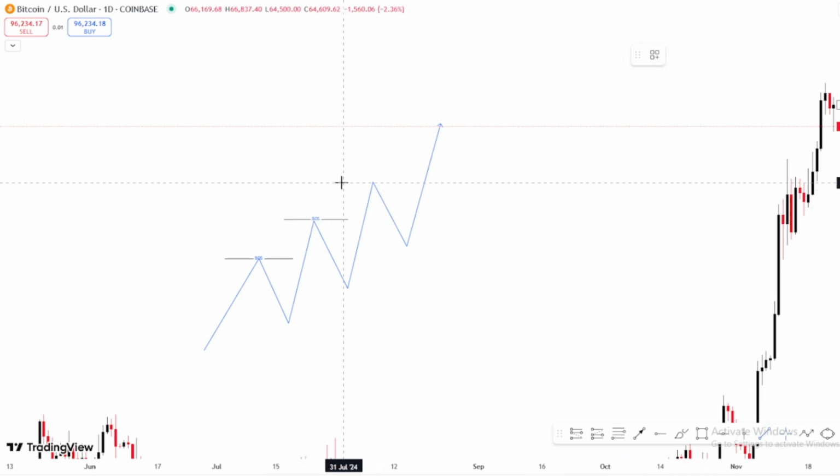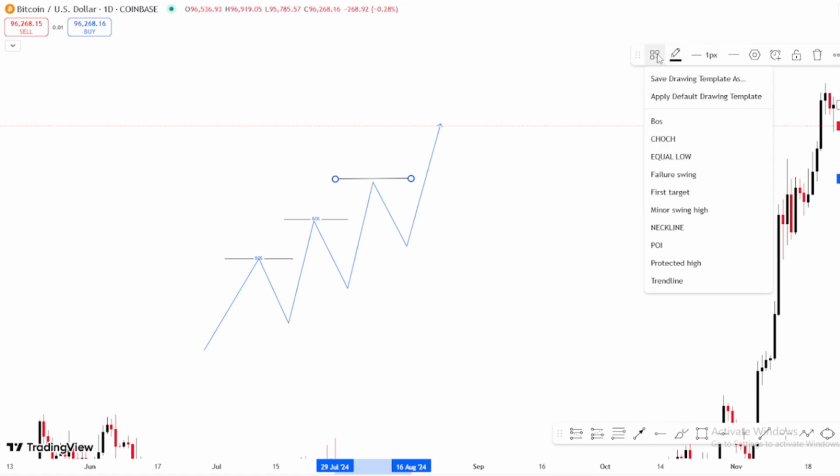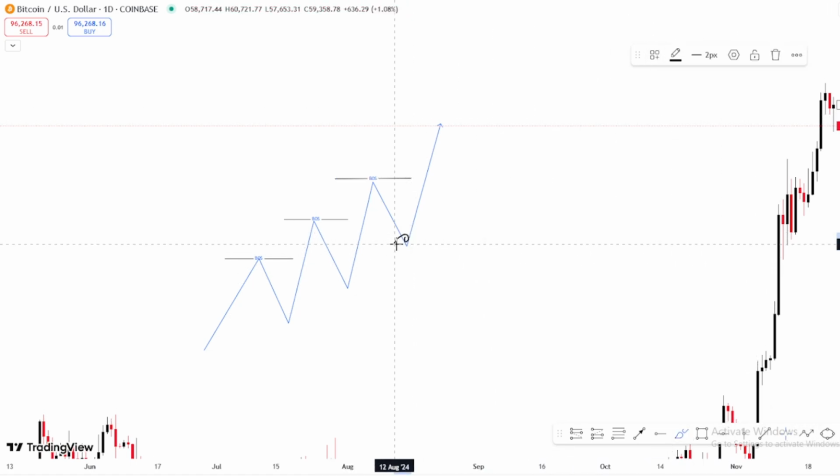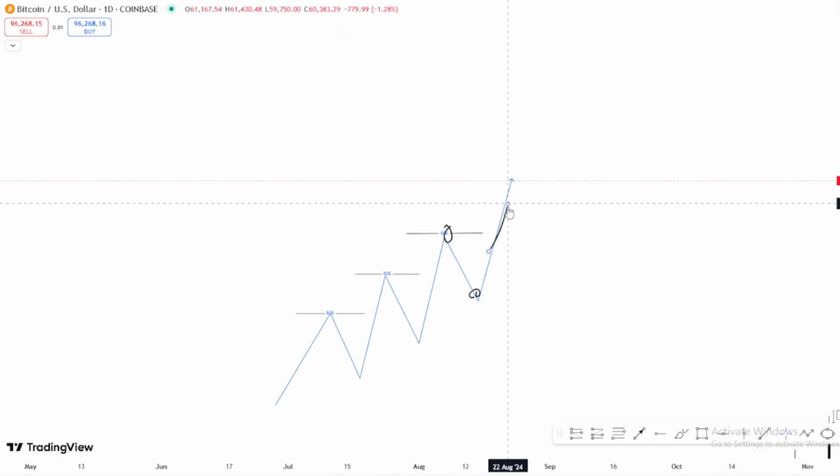This area here is also a valid break of structure. Anytime price pushes from a low to break its previous high with the whole body crossing above, that's a valid break of structure. Sometimes you see a wick spike up and then price drops. That is not a valid break of structure.